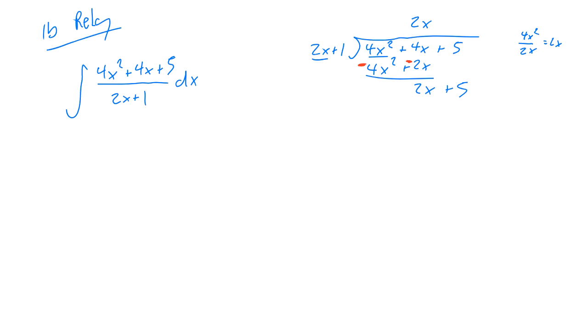I take the leading term inside divided by the leading term outside. 2x over 2x is 1. So I pick up a plus 1 here. Multiply by 1. That gives me 2x plus 1. And then once again subtract. So here I'm distributing that minus sign. And 5 minus 1 is 4. And that's going to be my remainder term, 4 over 2x plus 1.